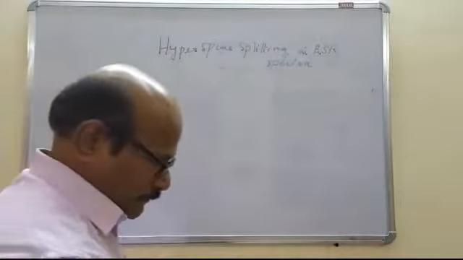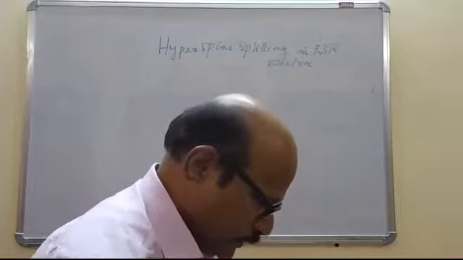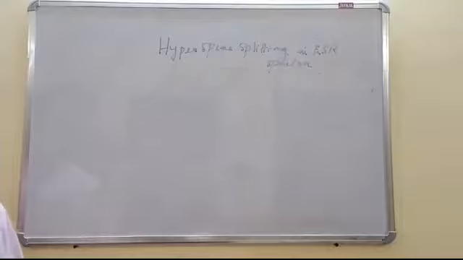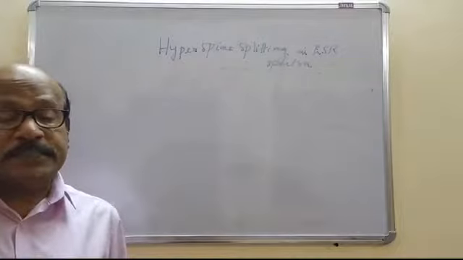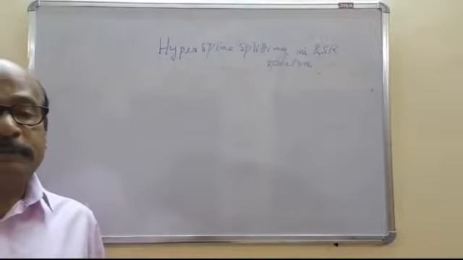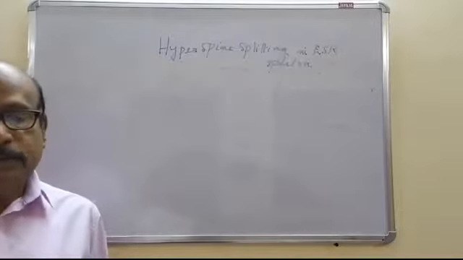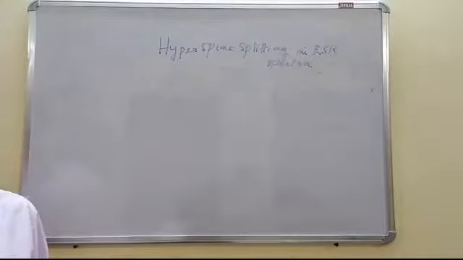To explain the term hyperfine splitting, we start with the spin magnetic moment. You know that the electron in free radicals, or molecular species containing unpaired electrons, or paramagnetic species, have a resultant spin magnetic moment.